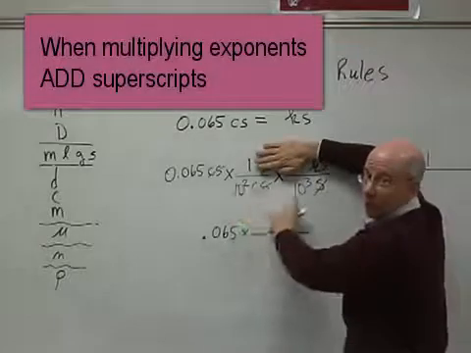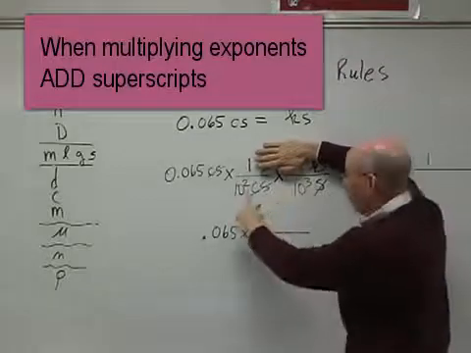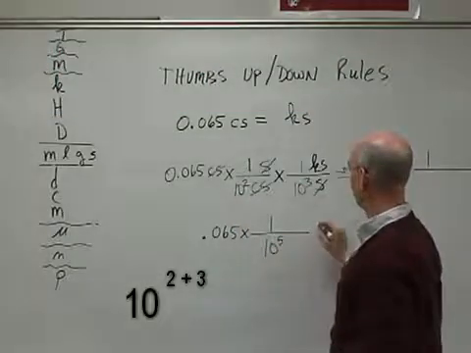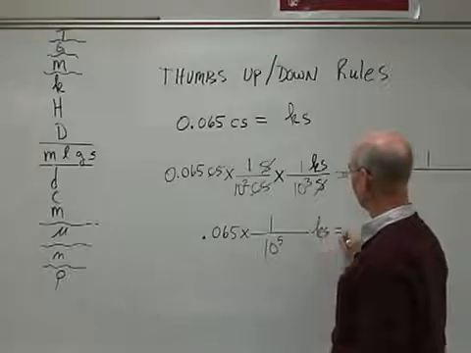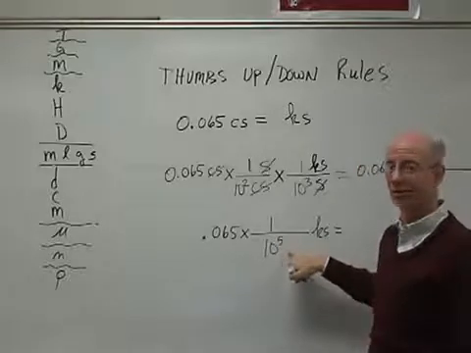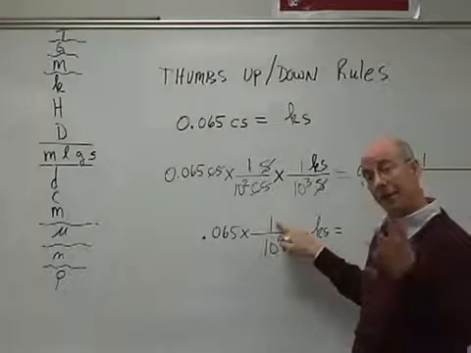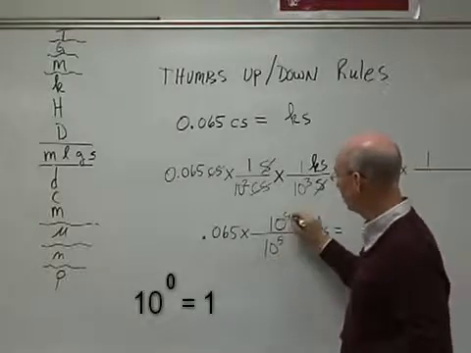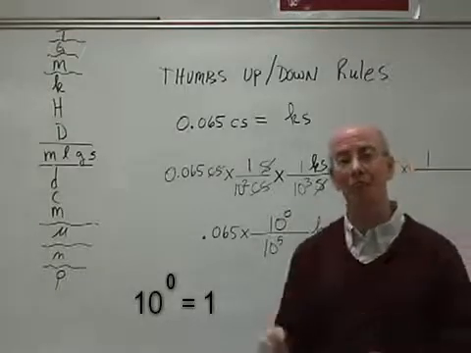When I multiply exponents, I have to add the superscript. So on the bottom here, I'm going to get 10 to the 5th in kiloseconds. Because this is in the denominator, I don't want it down here. 1, according to exponents, is the same measurement as 10 to the 0. It's 0 multiples of 10.